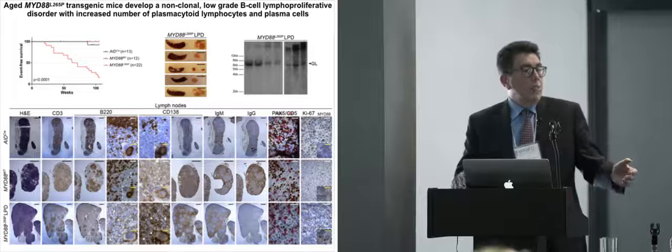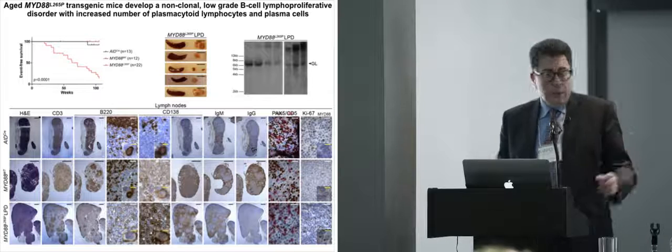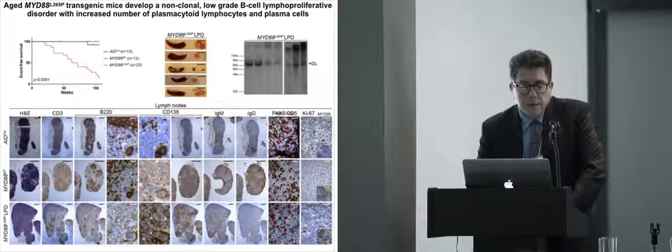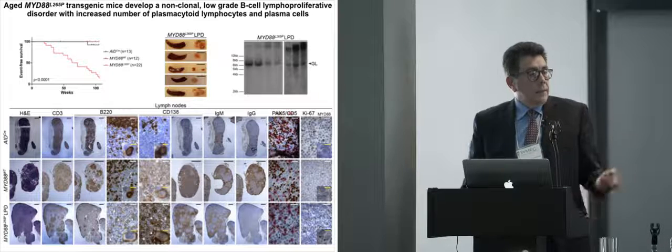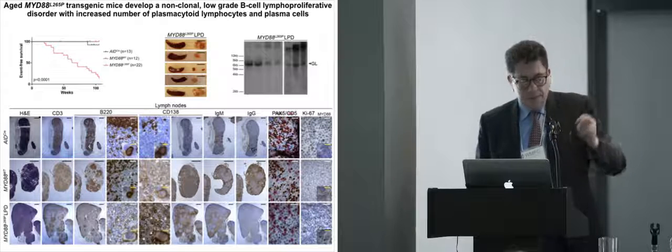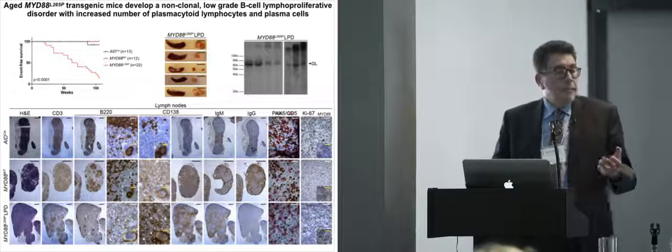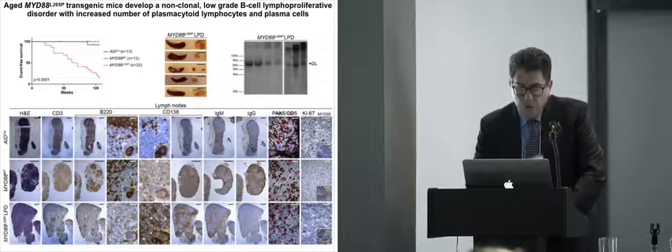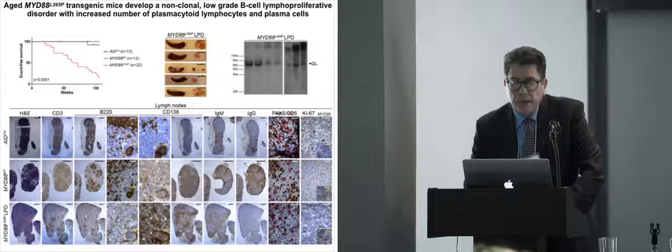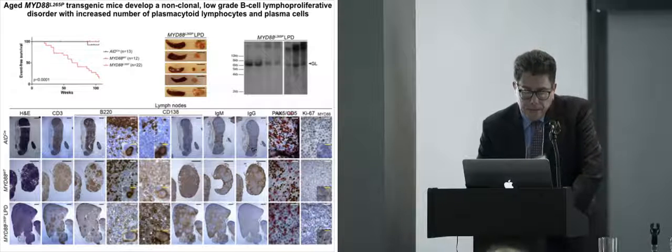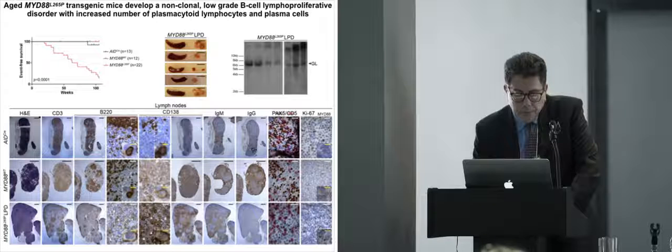These are old mice, equivalent to old human beings. We observed that only those animals that have the mutant protein became sick, and they were characterized by a lymphoproliferative disorder, enlargement of spleen and lymph node, and accumulation of a very unique type of cell that I'm highlighting here.